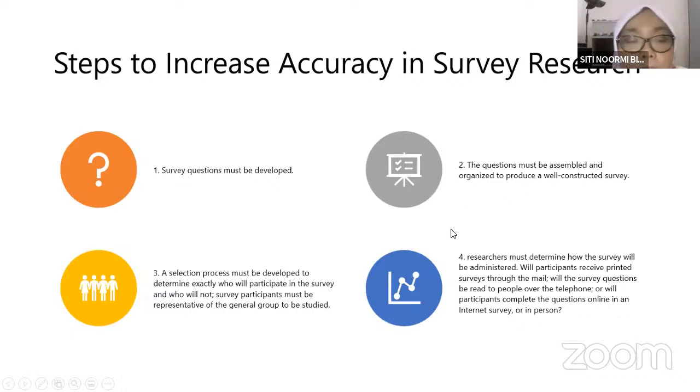Next, a selection process must be developed to determine exactly who will participate in the survey and who will not, because survey participants must be representative of the general group to be studied.